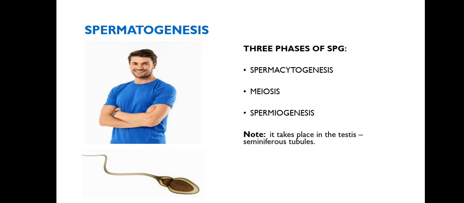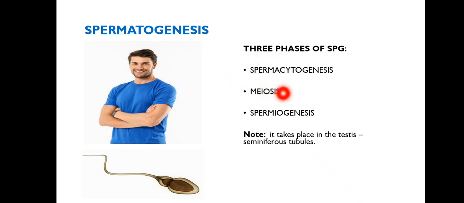I must emphasize that the formation of sperm cells involves 3 phases. So spermatogenesis involves 3 stages. You've got one, what we call spermatocytogenesis, then meiosis, then spermiogenesis. When we're talking about spermatocytogenesis, we're talking about the primary origin of the cell, where this sperm cell comes from.